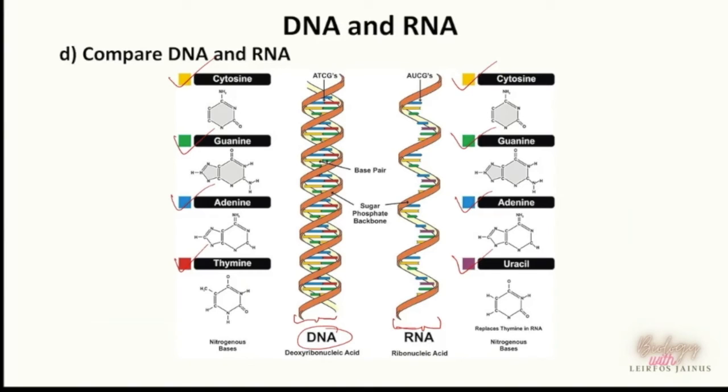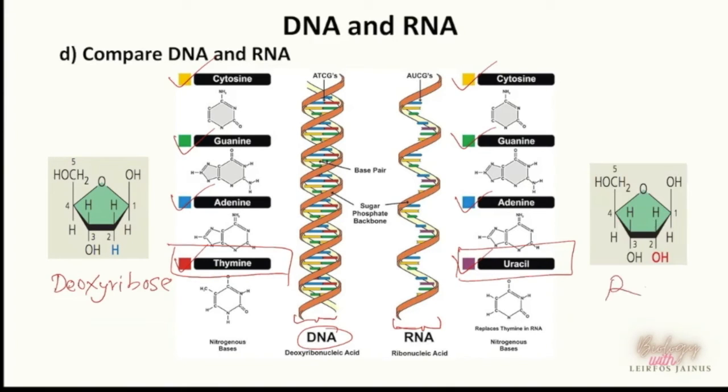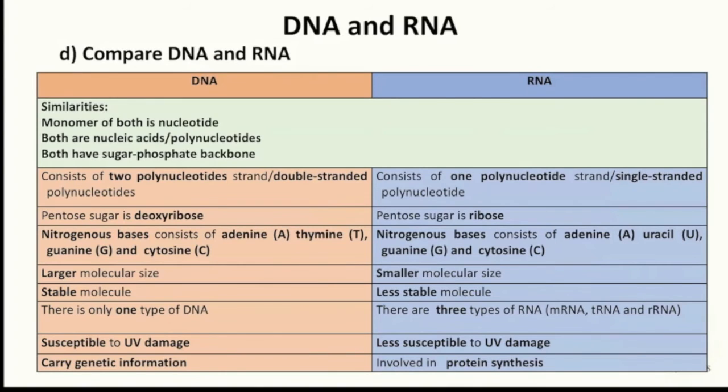The difference is thymine in DNA and uracil in RNA, while the other nitrogenous bases are the same in both DNA and RNA. In terms of pentose sugar, in DNA, it will be deoxyribose, and in RNA, it will be called ribose.